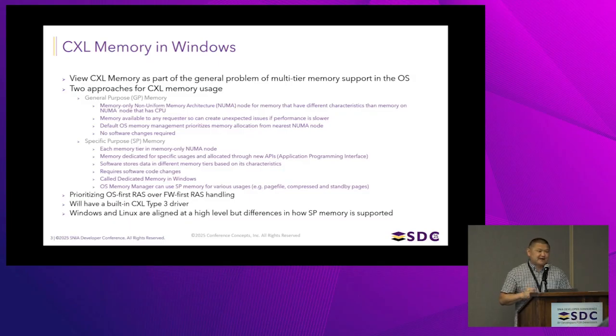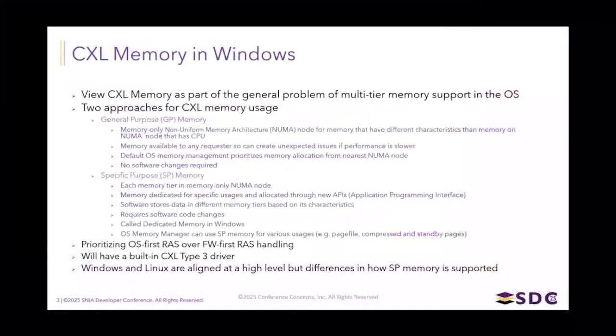And when the memory is exposed as GP memory, it is available to any of the current software that's running in the OS. So from a default OS memory management perspective, the allocation of memory is always from the closest NUMA node. In general, there is no software change needed to use CXL if it's exposed as general purpose memory. But to get the best performance, you do want to optimize your software to be NUMA aware.